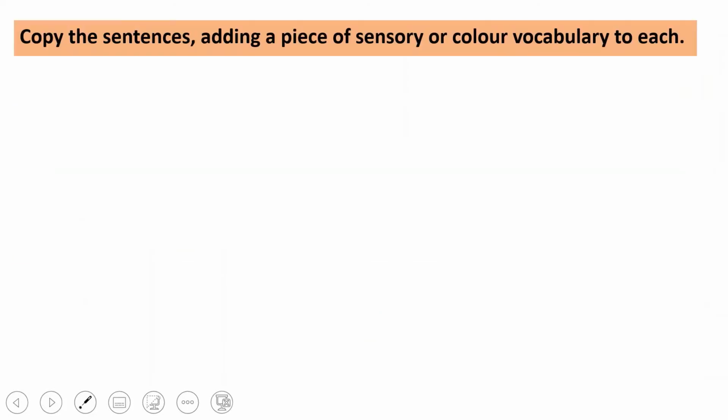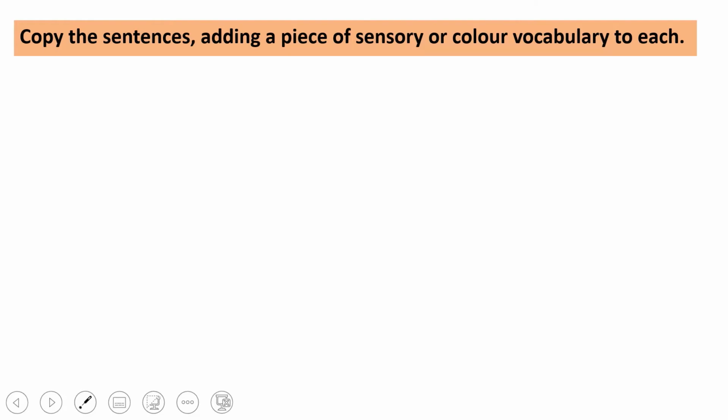So we're going to practice doing this now. I'm going to flash up 5 sentences on the screen, and you're going to copy them down, and you're going to add a piece of sensory or colour vocabulary to each. Like I said, the colour vocab and the sensory vocab will be on a document in Show My Homework.